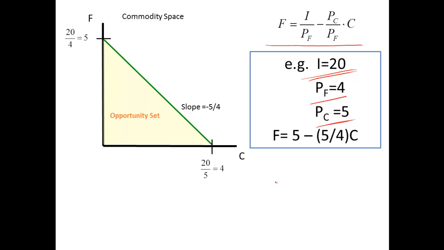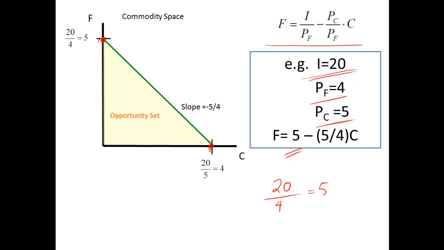Well, they have $20 available to spend, and the price of food is 4 per unit. So if they spent all of their money on food, they could get 20 divided by 4, or 5 units. And here indeed is 5. It's also the intercept on the F axis. The slope is minus 5 over 4, so this is minus 5/4 times C.